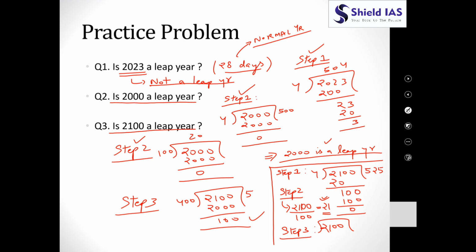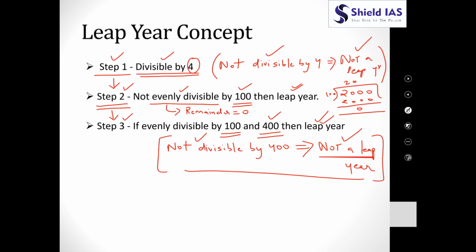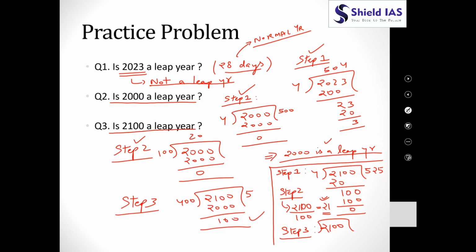Yes. So by step 3, we can say if it is not divisible by 400, it is not a leap year. So we can say that 2100 is not a leap year.